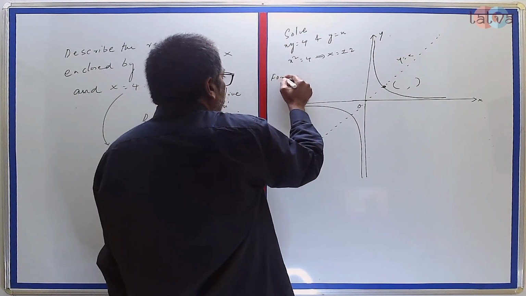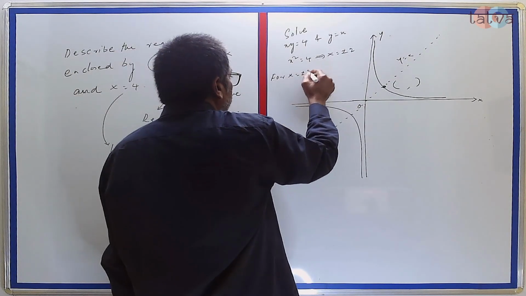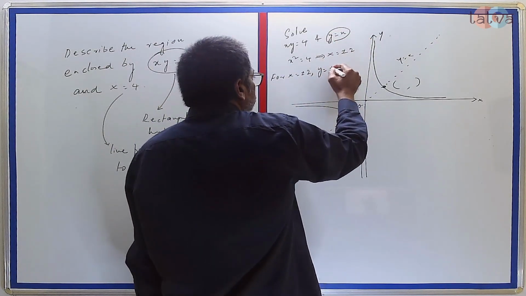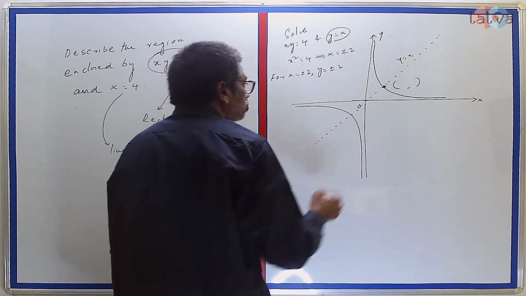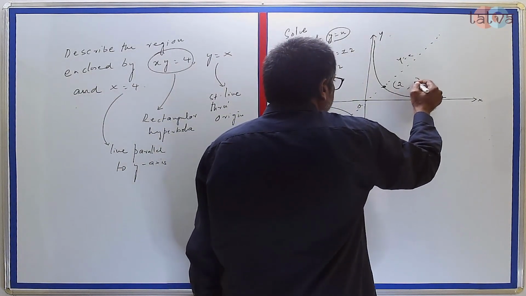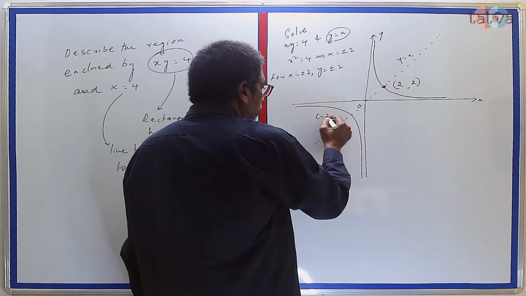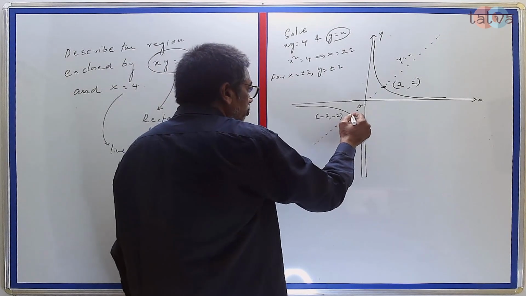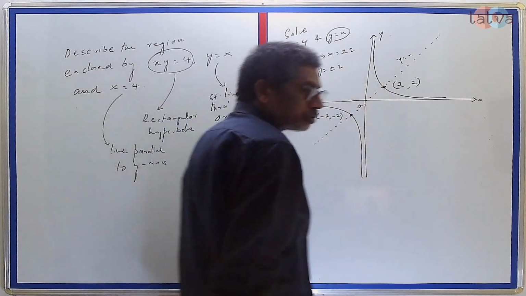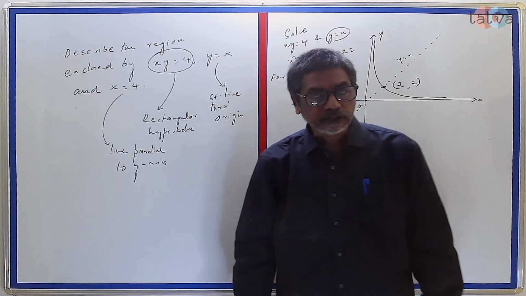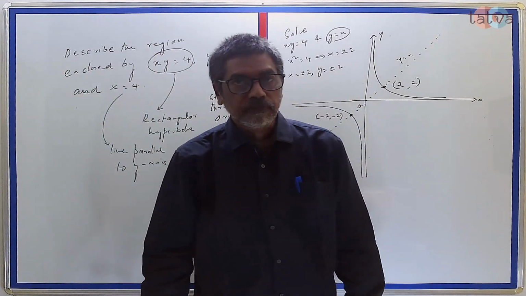For x is equal to plus or minus 2, y will also be plus or minus 2, which means there are two intersection points, (2, 2) and (-2, -2). So the rectangular hyperbola and the straight line are intersecting at 2 points.